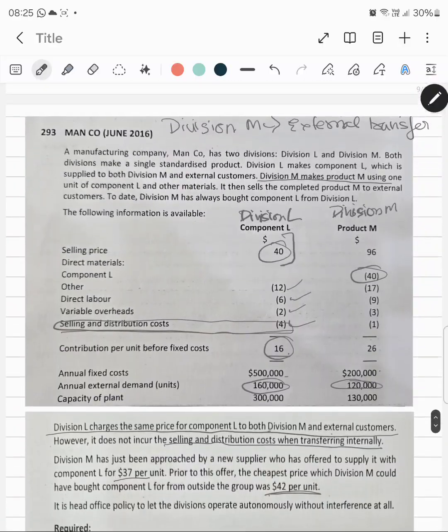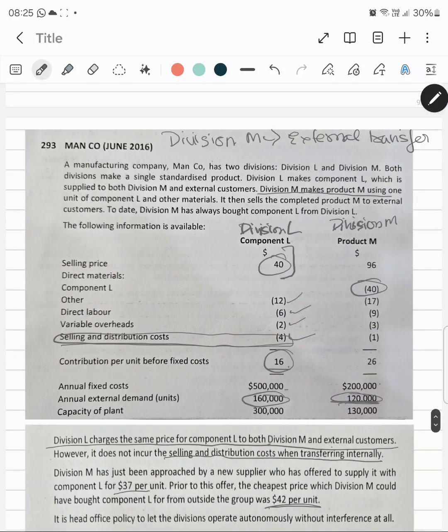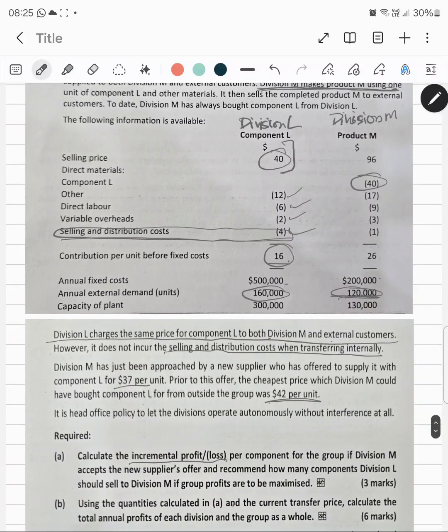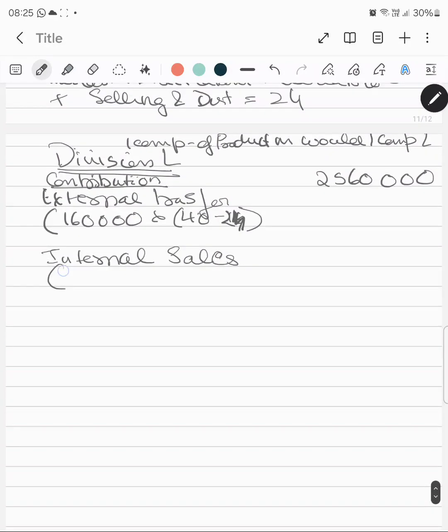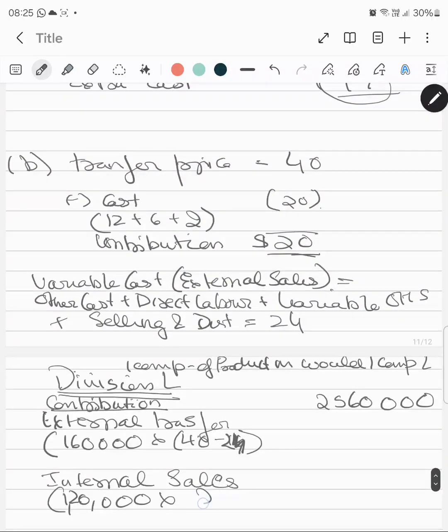The external transfer was for 1,20,000. So this information was really important to calculate how many units were internally transferred. If externally transferred units are 1,20,000, and each unit of product M would use one component L, the internal transfer would be 1,20,000. What was the contribution of internal transfer? It was 20. So 1,20,000 into 20, that is 2 million 4 lakh.